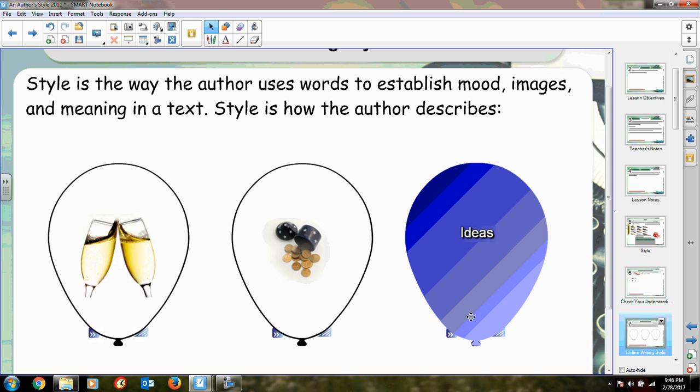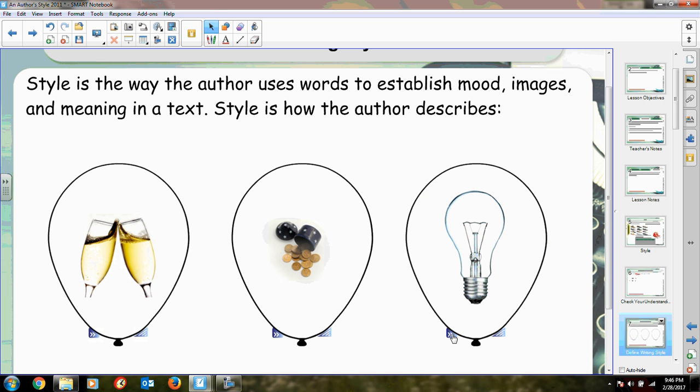This whole concept revolved around the idea of revenge. The way the author established the mood, put in the images and the meaning, is part of the author's style. That's why Edgar Allan Poe has probably one of the clearest styles. If you read something, you kind of know it's his.